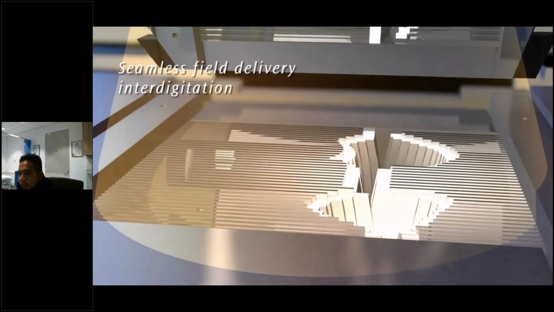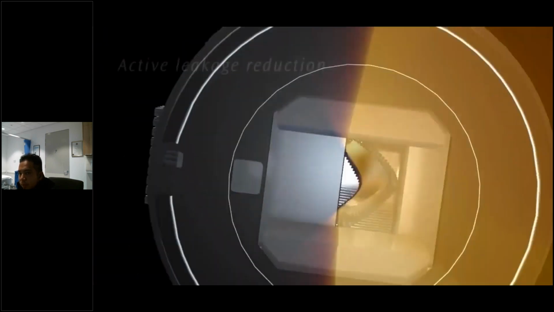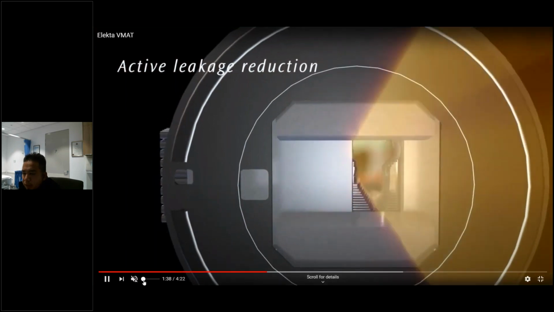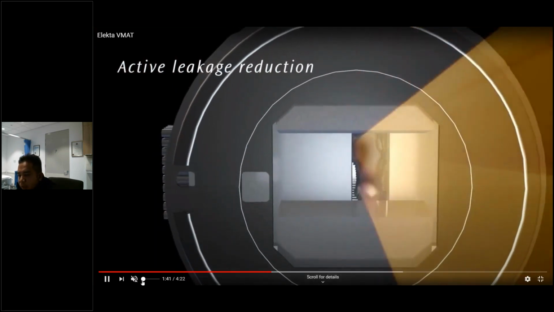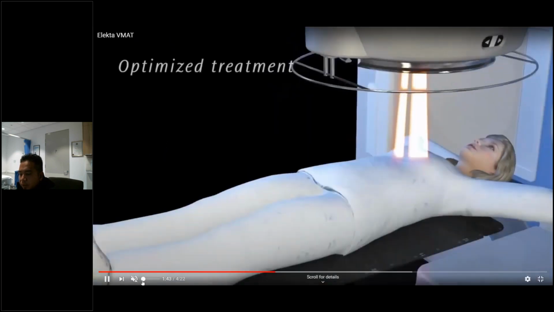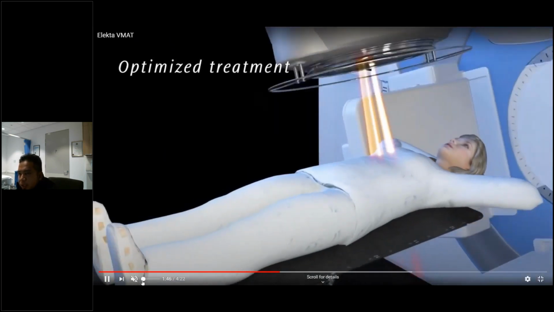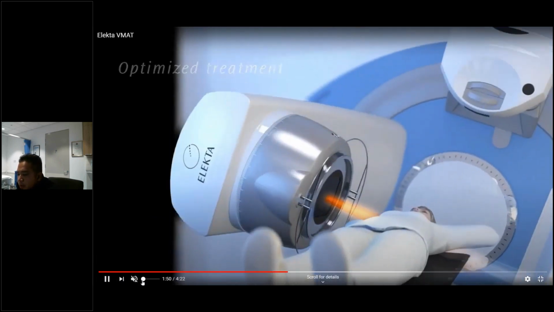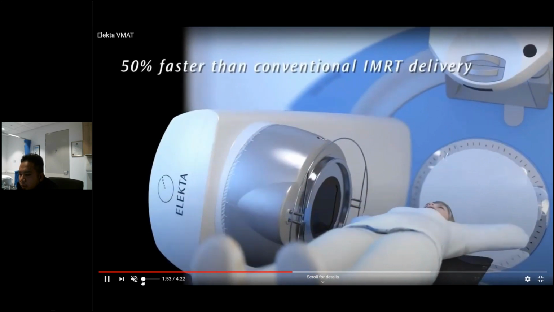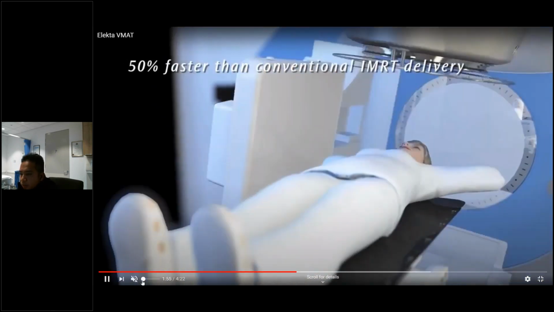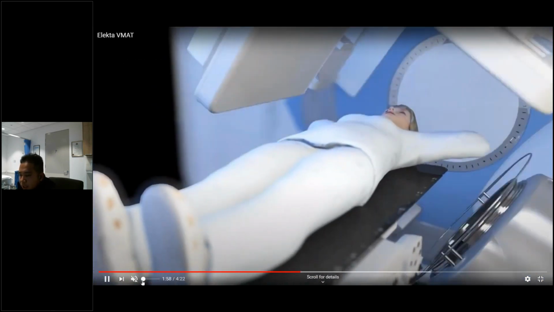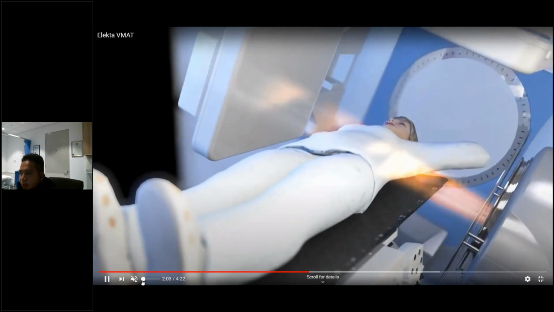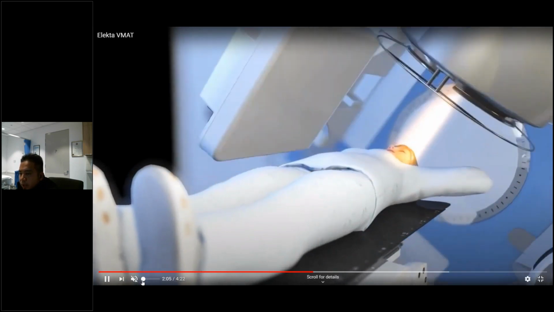And these MLCs, could be about 200 of them, will move at the same time as the beam is on during the treatment. The patient will just lie down having the radiation treatment. The machine will move around the patient, delivering the radiation to whatever shape we have already pre-outlined, or pre-planned, prior to the patient coming in for the treatment. And this is what we talk about, being VMAT, that I've already mentioned just now.